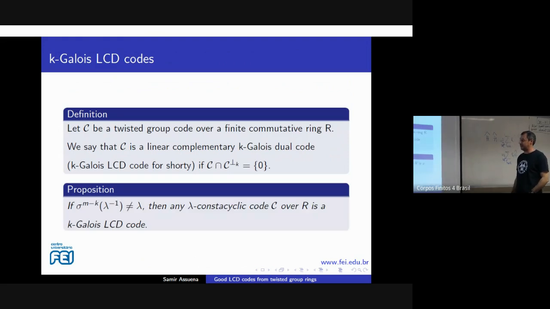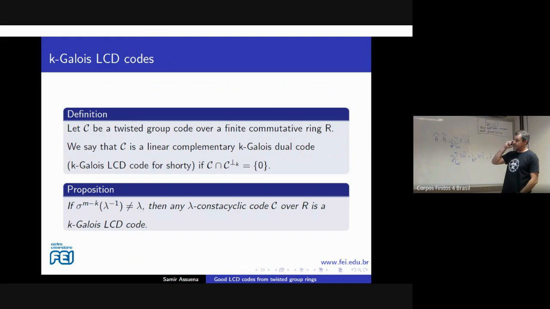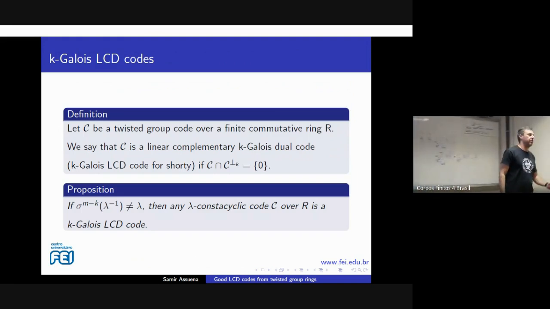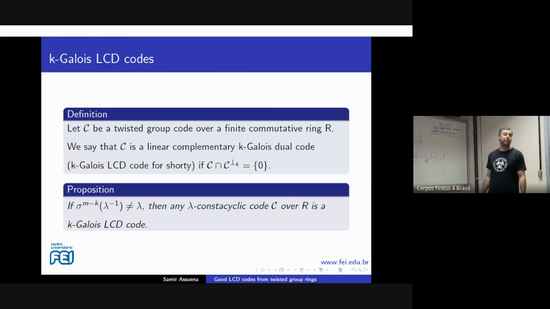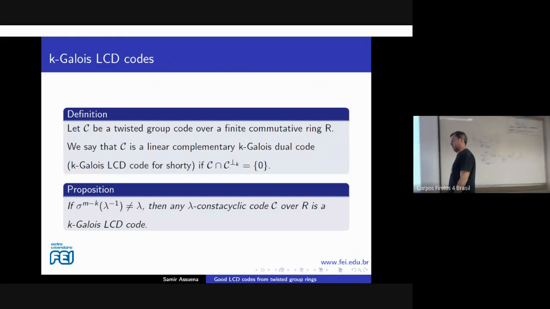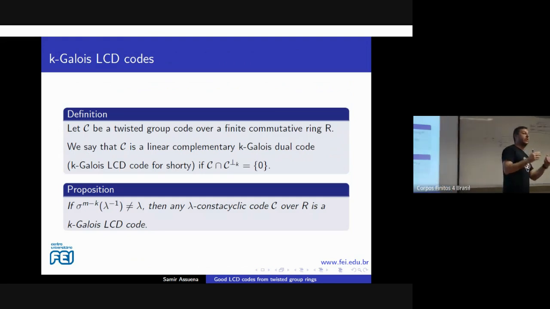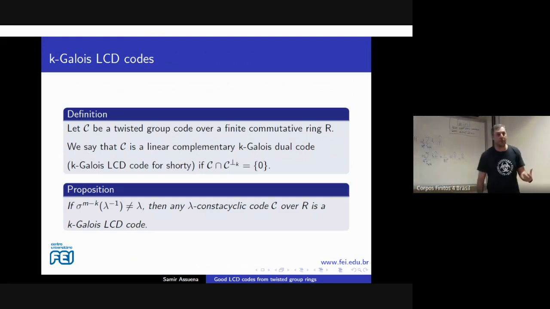Here we have some interesting results: if these elements are different, then the only LCD codes are just the trivial ones, the zero space and the whole space.